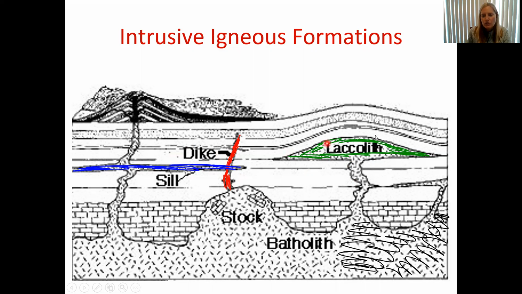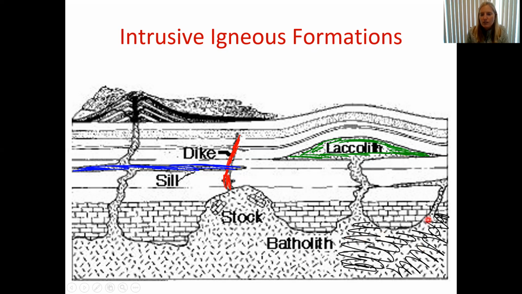Our laccolith, shown in green here, is larger than our sills and dikes, so it is massive, but we consider it to be concordant because it came up under this layer here, and then as it got bigger, it made the layers on top bulge upward and form a dome. So that is a laccolith, massive and concordant.